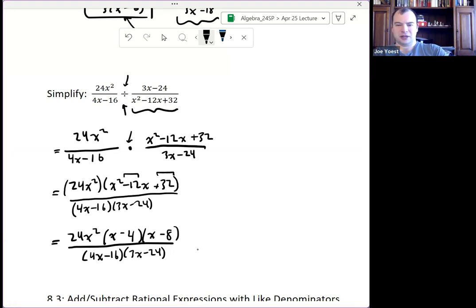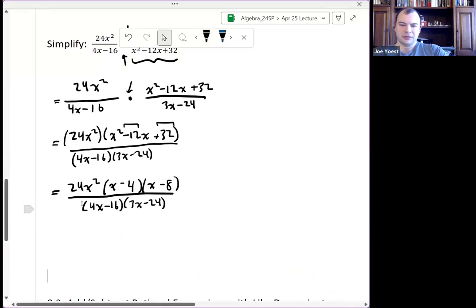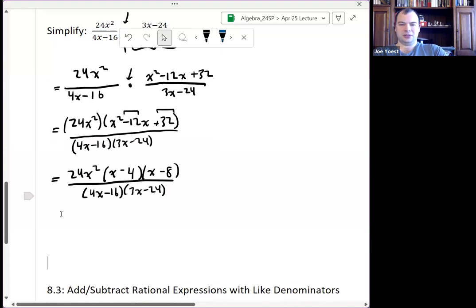Now I still don't see any common factors. But again, I can look a little more closely. X minus 4, x minus 8, there's nothing more I can do to that. 24x squared, that's just what it is, just a monomial. But if I look a little more closely at my denominator, I realize, oh, okay, these are linear factors, but there is something else that I could do here.